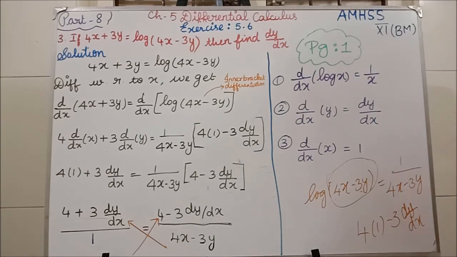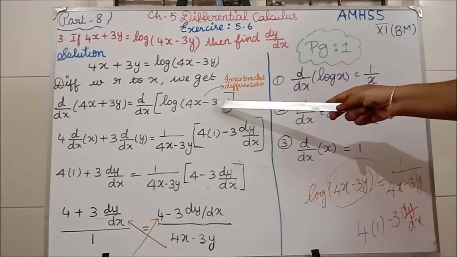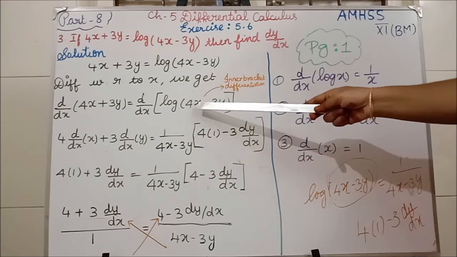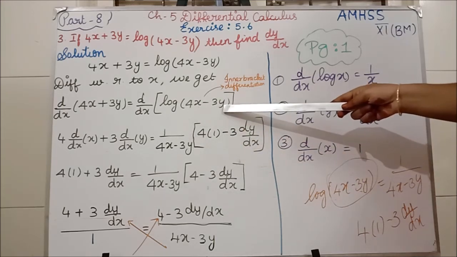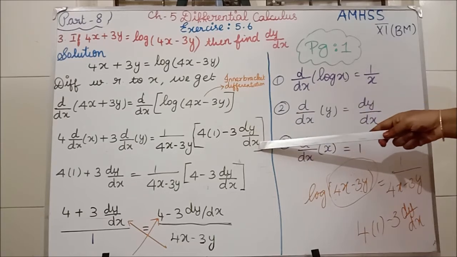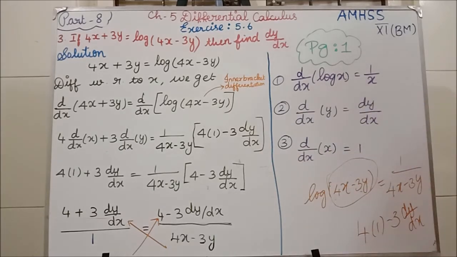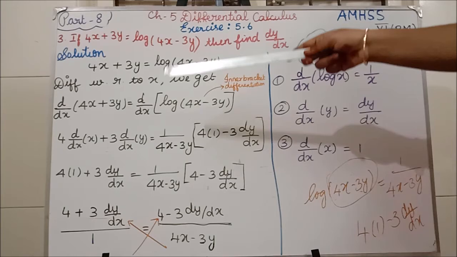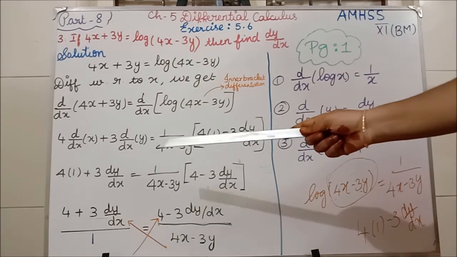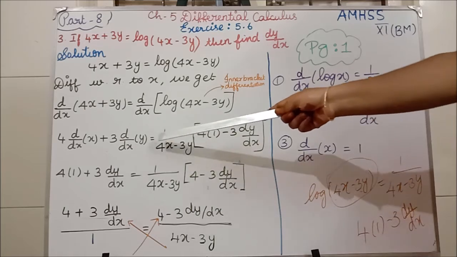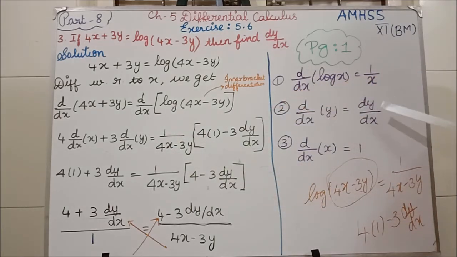Now you see 1 divided by (4x minus 3y) with this bracket I have written. Differentiating 4x gives 1, and differentiating minus 3y gives dy by dx. Clear, students? d by dx of x is 1, so 4 into 1 plus 3 into d by dx of y, which is dy by dx.